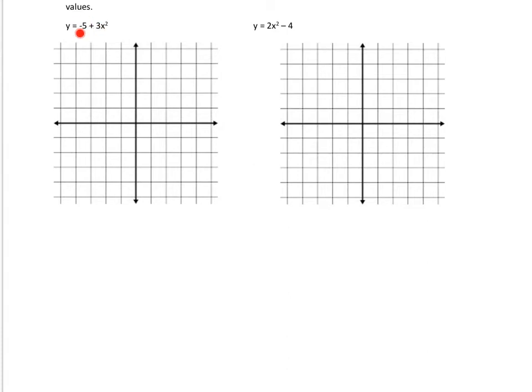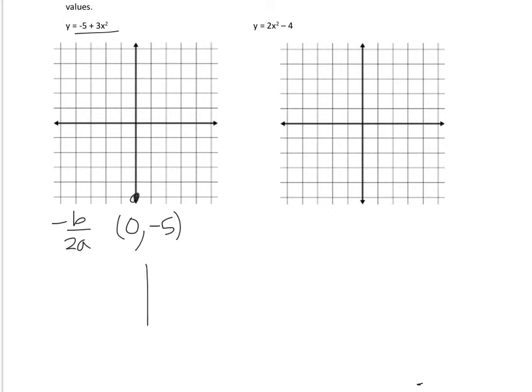I also know the y-intercept is -5. To find the vertex, I do opposite b over 2a. There's no b term, so b is 0. Plug in 0 for x, and you get -5. So the vertex is right here, and it opens up.